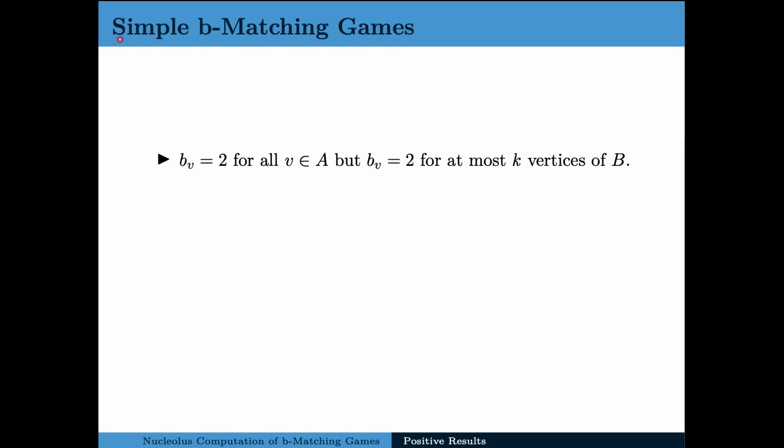First, let's talk about simple b-matching games, where b_v is 2 for all v on one side of the bipartition, but b_v is 2 for at most k vertices on the other side of the bipartition. This is an extension of the work from Bateni et al., where they required every vertex to have b_v equal to 1 for the other side of the bipartition.